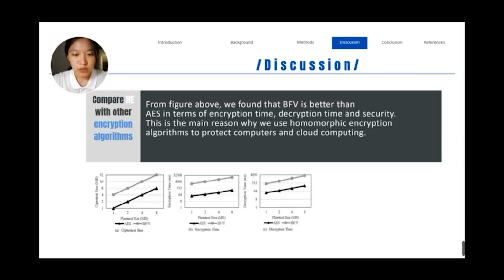These results will further support our analysis of the advantages of homomorphic encryption. From the figure above, we found that BFV is better than AES in terms of encryption time, decryption time, and security. This is the main reason why we use homomorphic encryption algorithms to protect computing and cloud computing.